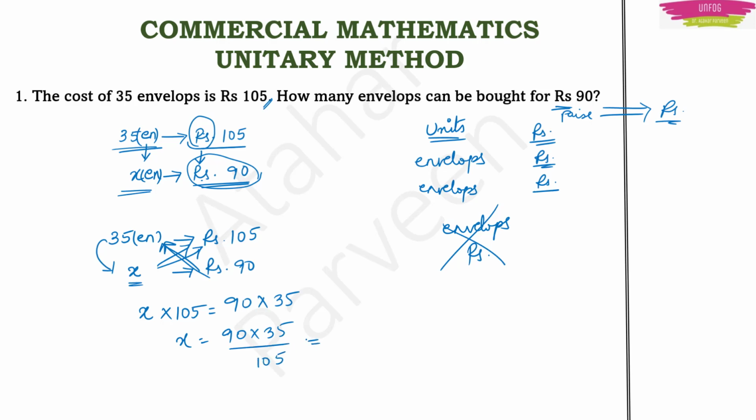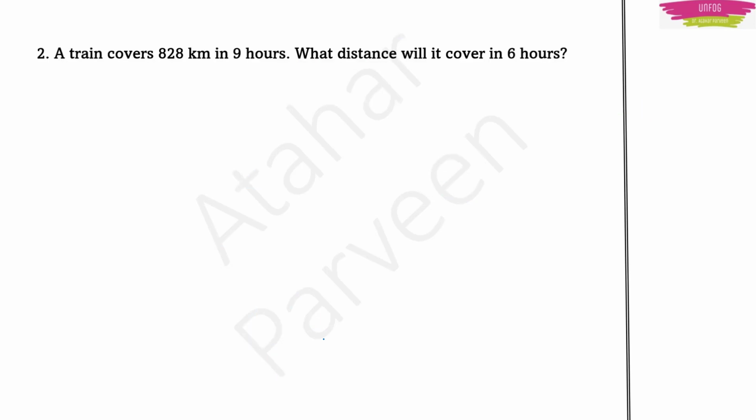This will go in 5 easily. 5 7s are 35, 5 2s are 10, then 7 1s are 7, 7 3s are 21, 3 1s are 3, 3 10s are 30. So X will be 30. Now you have found the number of envelopes. This is the unitary method, and this is a very common question in all competitive exams. In one way or another, in twisted form, they will compulsorily ask 1 or 2 questions from the unitary method.